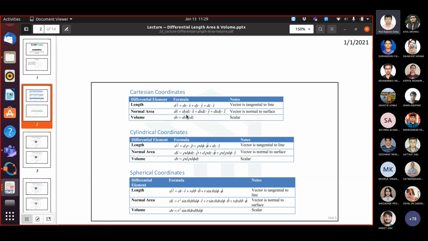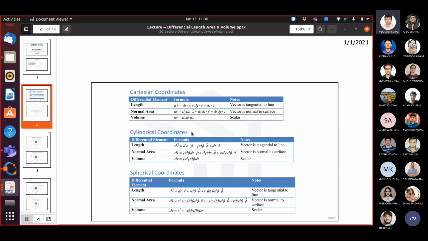Similarly, the differential area dS in the Cartesian coordinate system can be converted into the cylindrical system also. You have to use the same analogy, and using that you can do it. It is not a big deal. Similarly, you can do the same thing for the differential volume also.